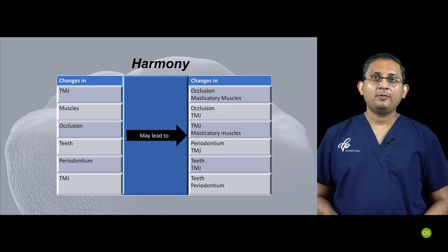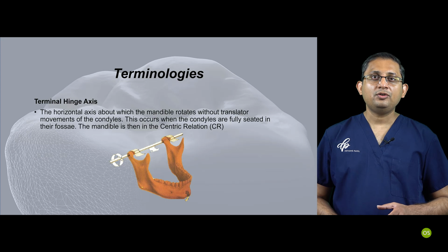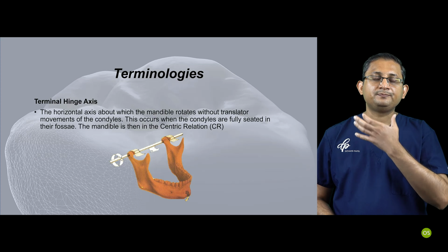So let's talk about some of the important terminologies used in occlusion. One of the most important terminologies used in occlusion is the terminal hinge axis. And what is that? That is when your mandible is opening or closing, and the purely rotatory movement happens during the opening and closing action without contact of the teeth, where the condyle is in a rotatory movement.